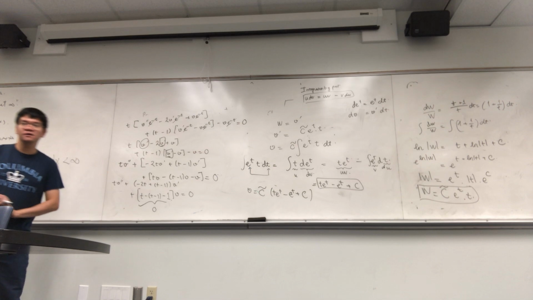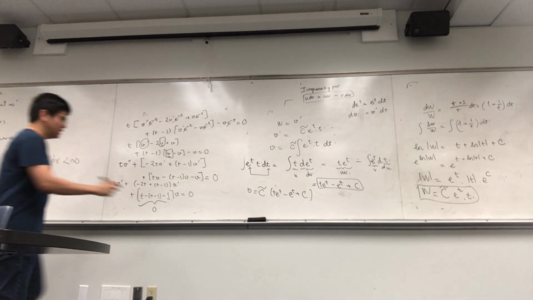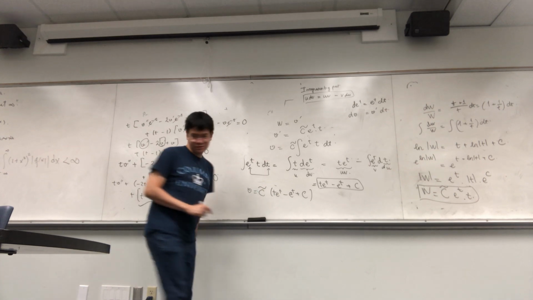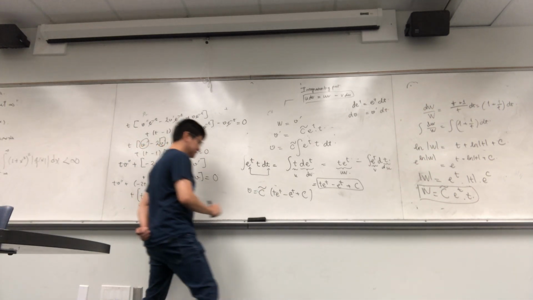Right? Is it clear? Questions? So how can I find x2? To find x2, I'm gonna have to multiply that by x1. What is x1? x1 is e to the power minus t, right?